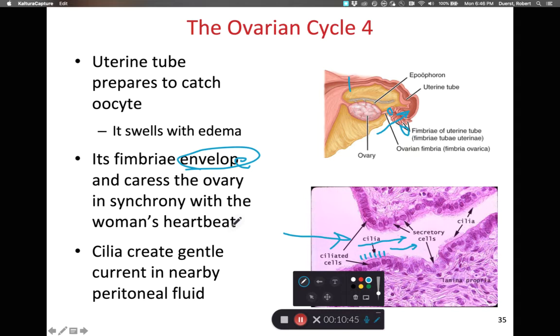And the pulsation and caressing of the fimbriae over the ovary is in rhythm with the woman's heartbeat. So when there's that pulse of arterial blood pressure, that pulse of pressure causes the fimbriae to wiggle a little bit or to wave a little bit over the ovary in anticipation of capturing that ovulated secondary oocyte.